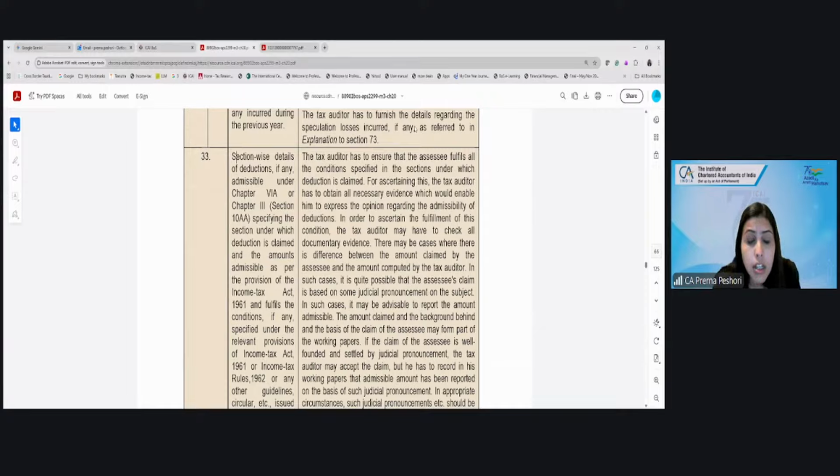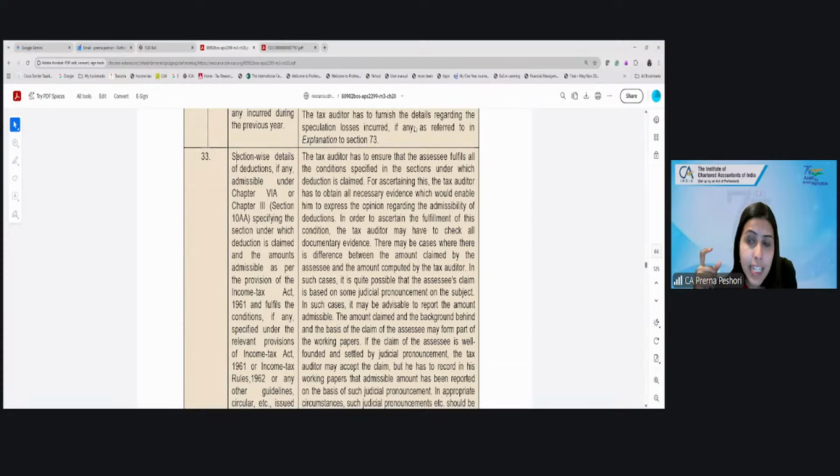Right? It may also be a possible case that if the tax auditor is auditing the individual or HUF, they may have certain personal income also, and therefore personal deduction under 80C, 80D also. But the tax auditor is required to audit for the business of the sole proprietor. So here, which deductions have to be given?